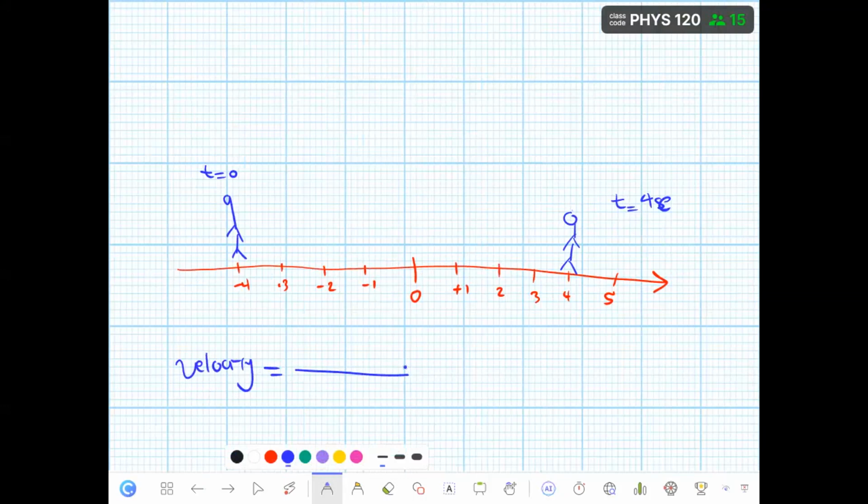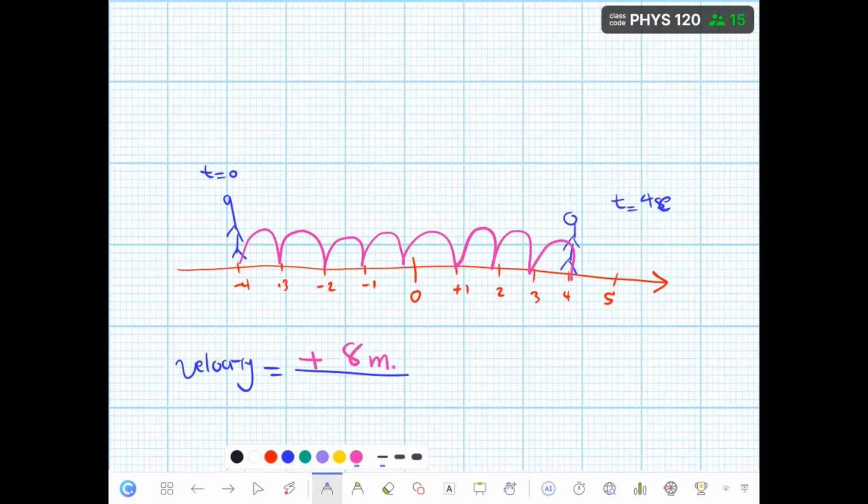Let me show you with a different color: 1, 2, 3, 4, 5, 6, 7, 8. Good. 8 units to the right, so positive 8 meters to the right.